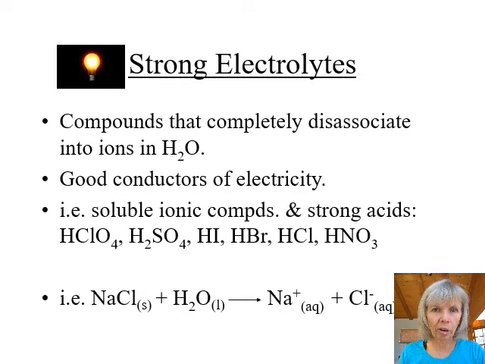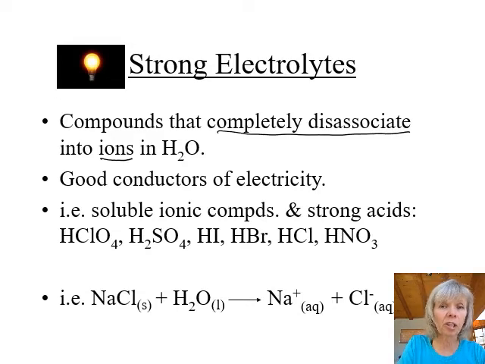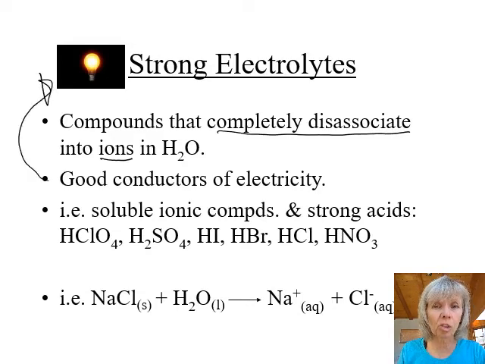Strong electrolytes are compounds that completely dissociate into ions when you put them into water. They're very good conductors of electricity, so you would see a very bright light bulb if you were testing their solution, because there are lots of ions present. An example is sodium chloride.